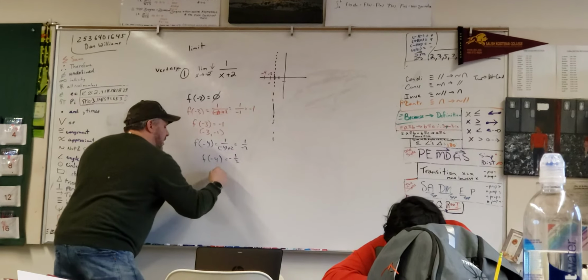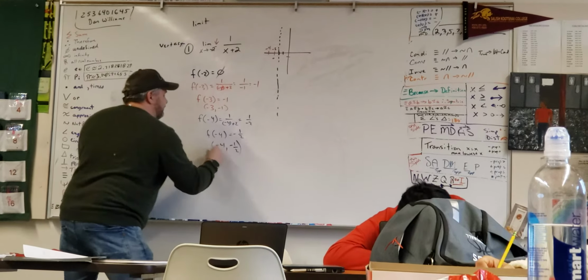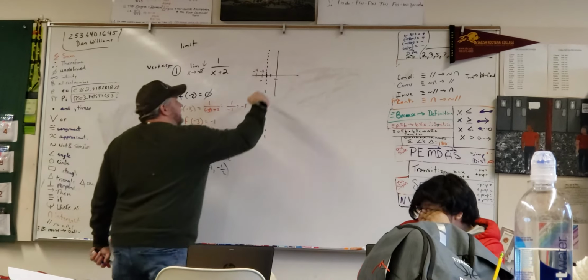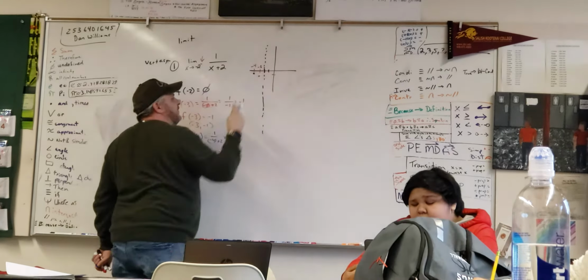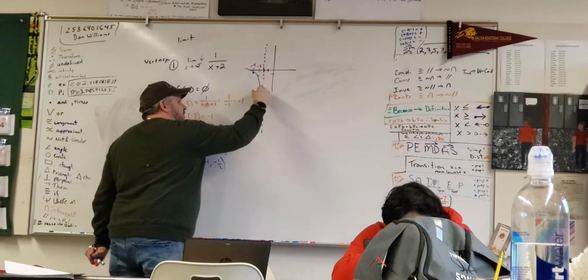So my new point is -4, -1/2. Now I know that it's coming from -1/2. So what that's telling me is that the function is going like this.